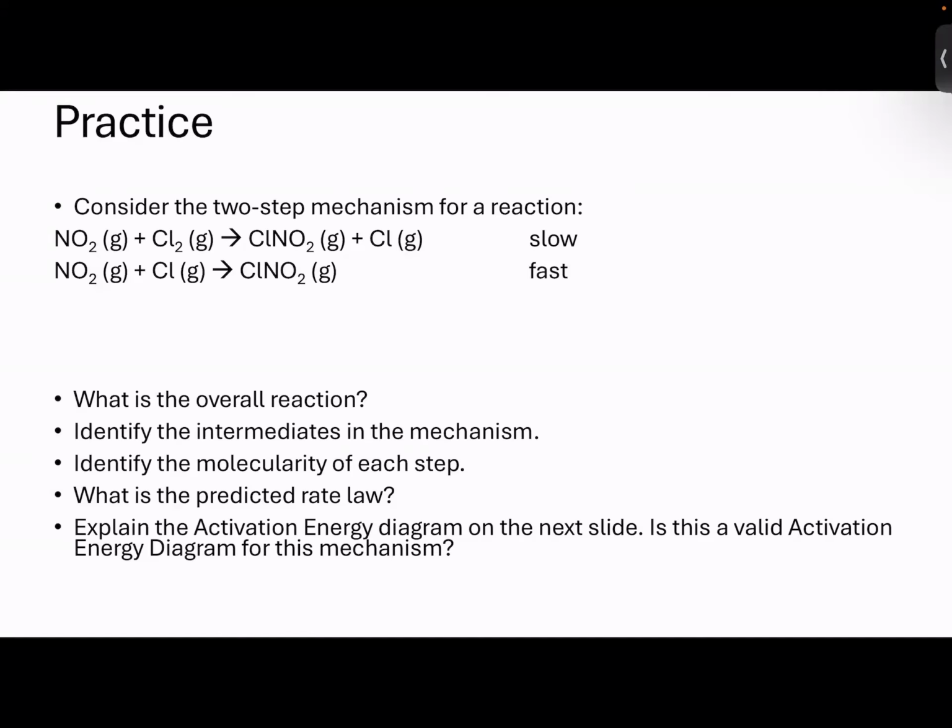You're asked, what is the overall reaction? To identify the intermediates in the mechanism. To identify the molecularity of each elementary step. And to determine the predicted rate law. We'll look at this last question here in a minute.